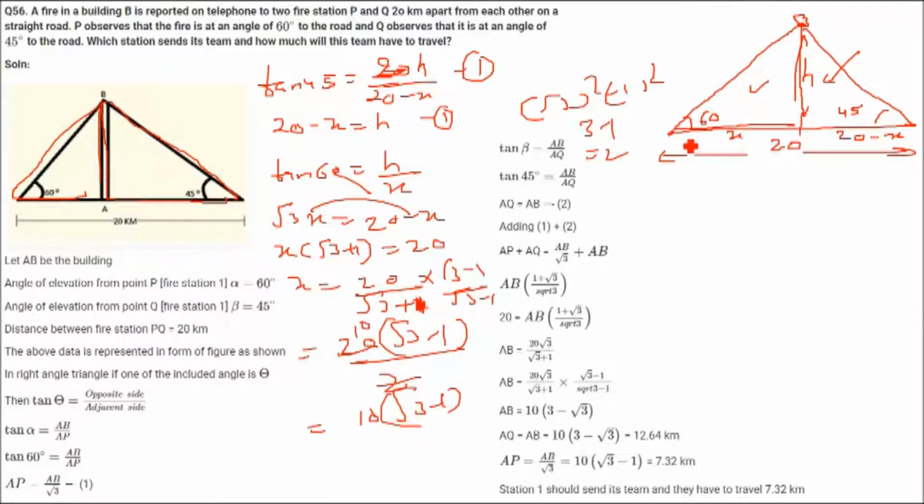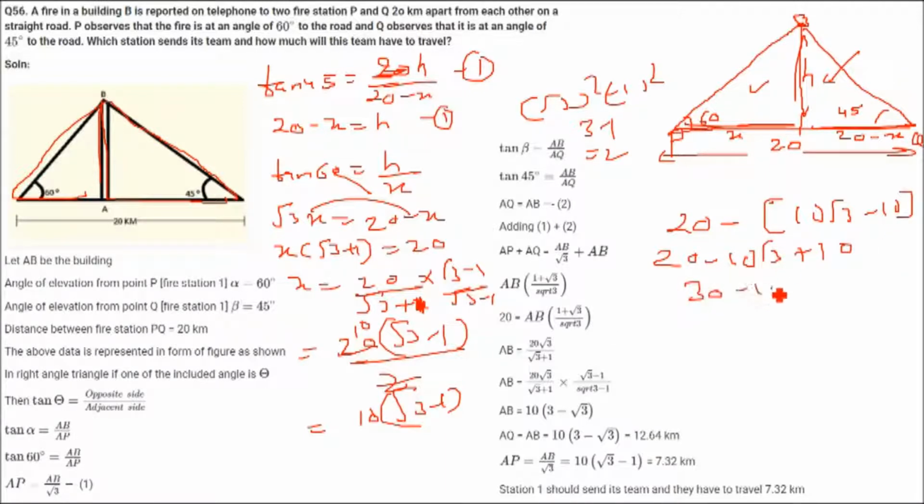This is the x, the distance from the first point, say it is P, to Q. From the first point to here it is 10(root 3 minus 1). In order to find the other one, let us subtract this from 20: 20 minus 10 root 3 plus 10, which gives 30 minus 10 root 3.